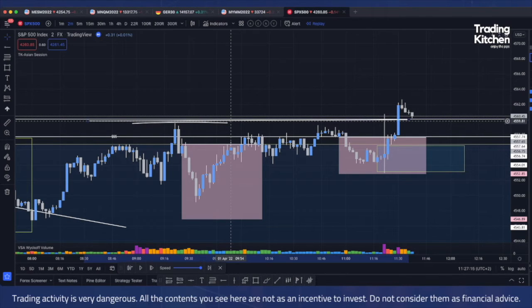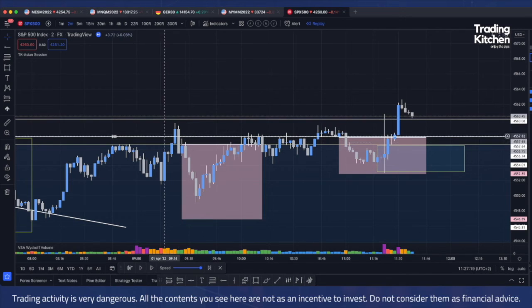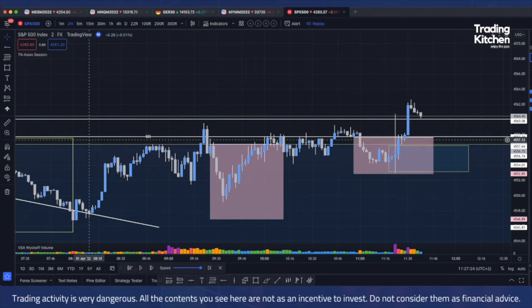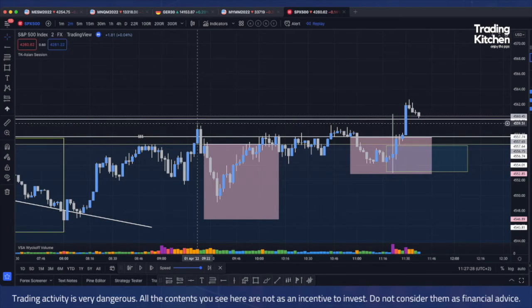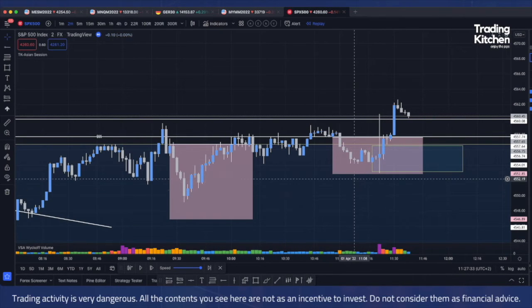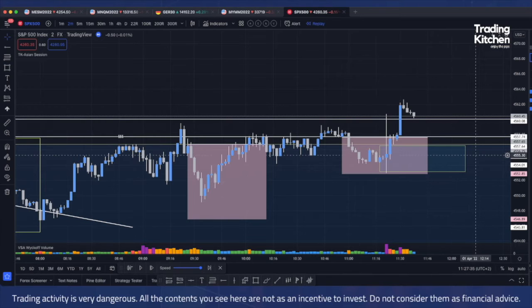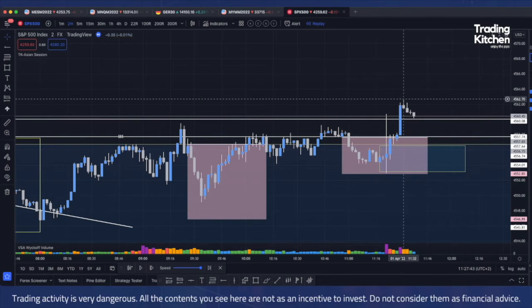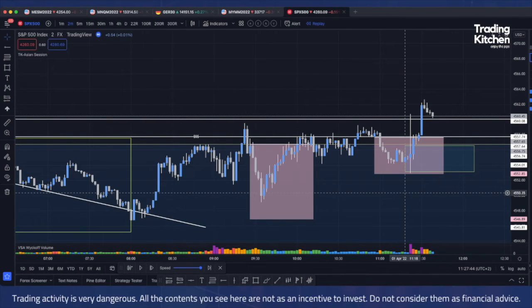Okay, I do not consider this as the Asian session being broken here, because this is a clear manipulation. Okay, and here is quite different. We have volumes, okay, then we have a clear breakout. Okay, so let's move.